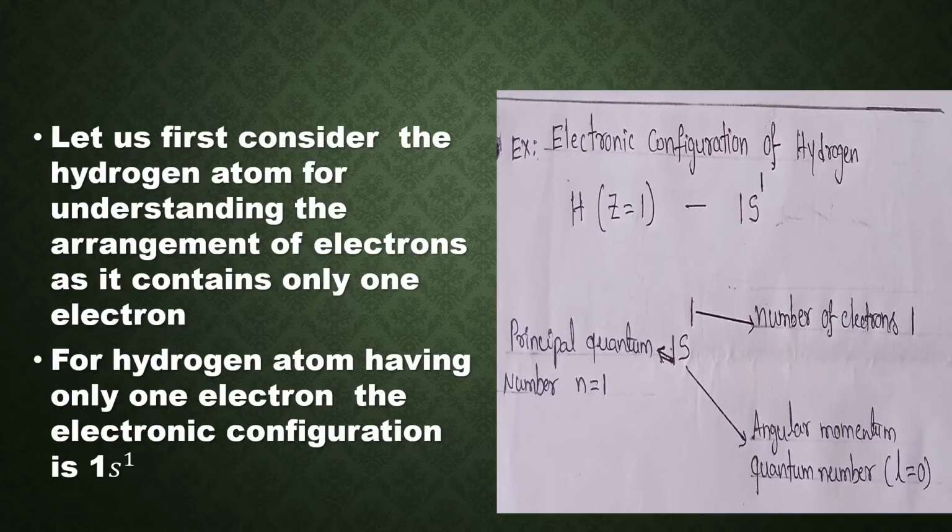Let us first consider the hydrogen atom for understanding the arrangement of electrons, as the hydrogen atom contains only one electron.